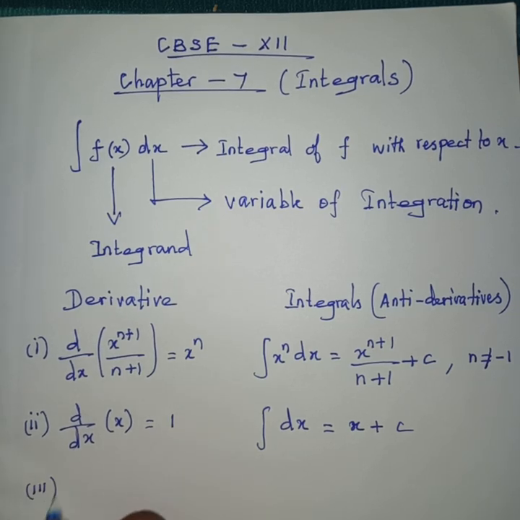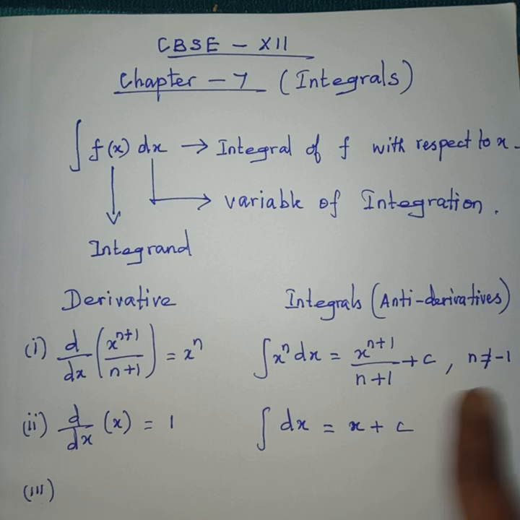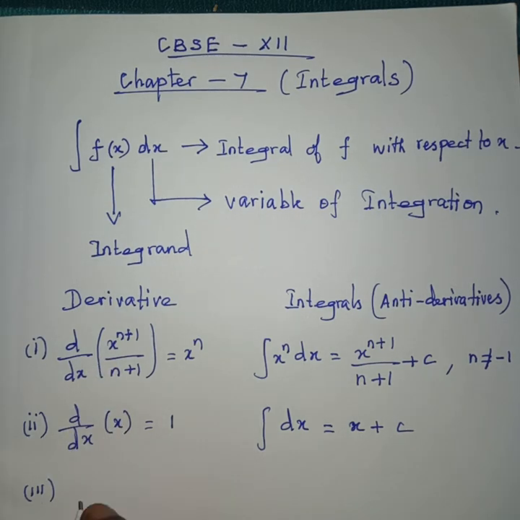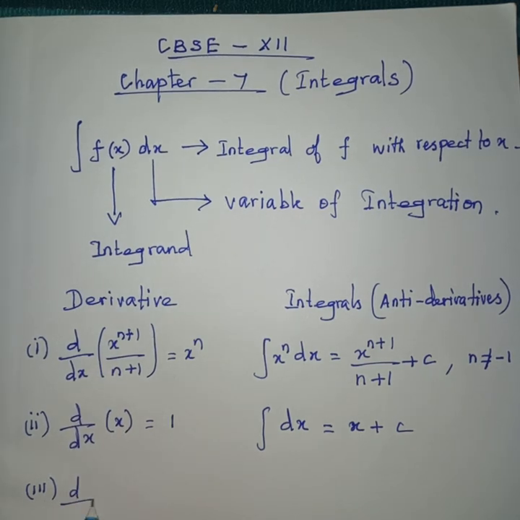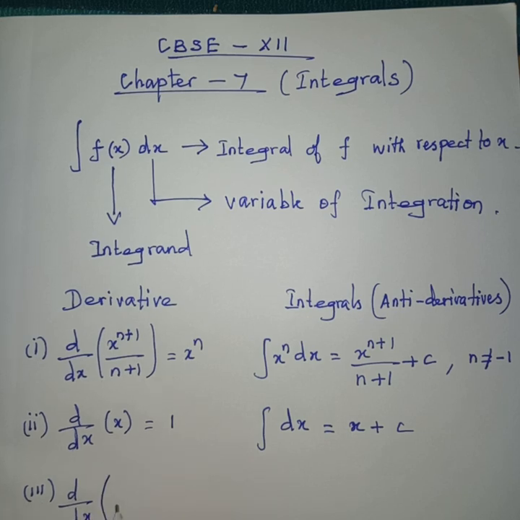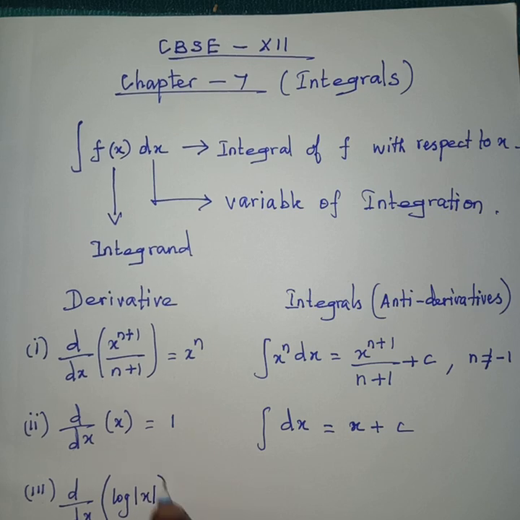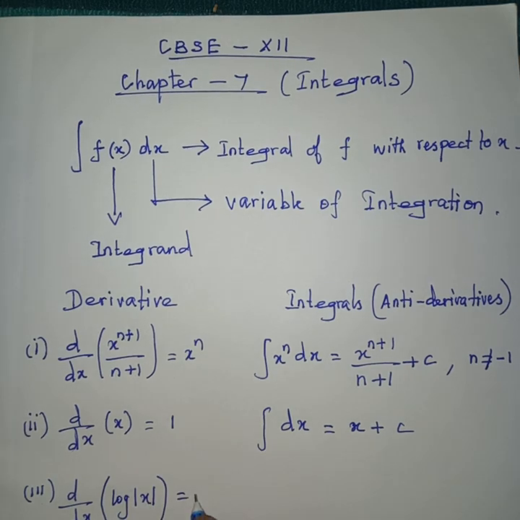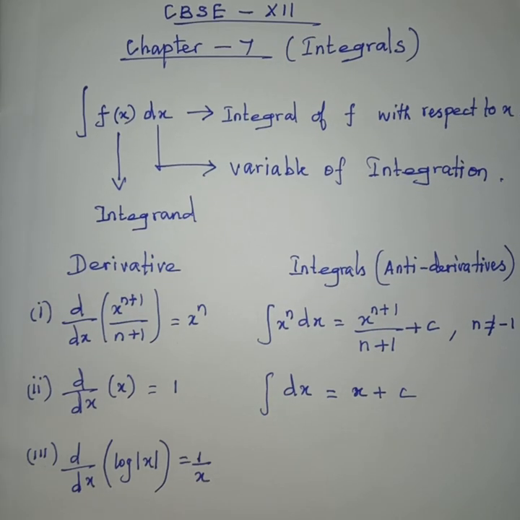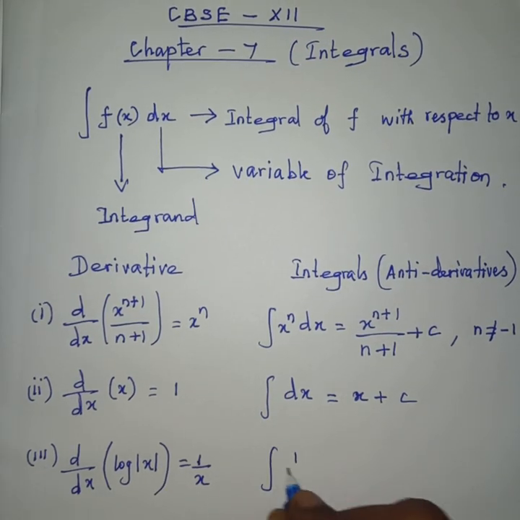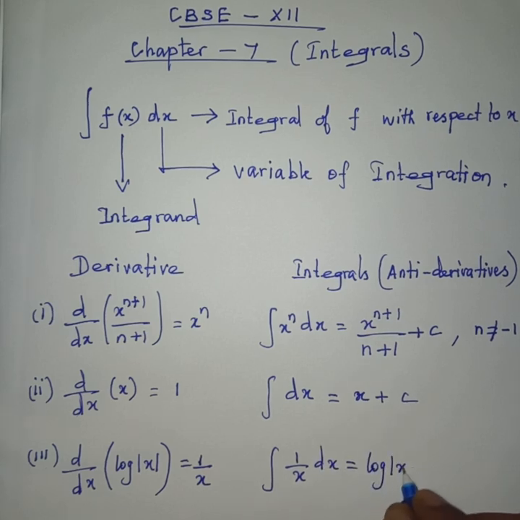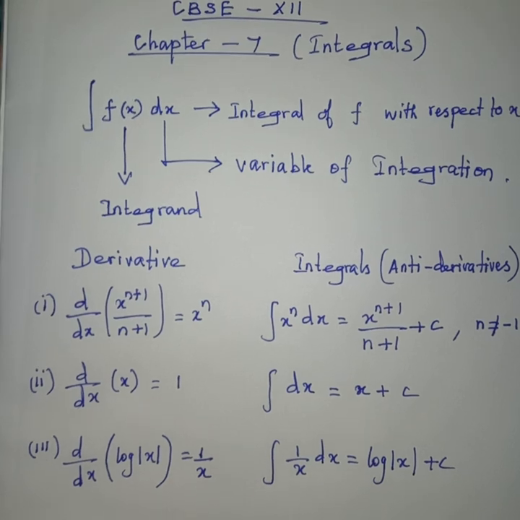For n equal to minus 1: d by dx of log x is 1 by x, so the integral of 1 by x dx equals log mod x plus the arbitrary constant c.